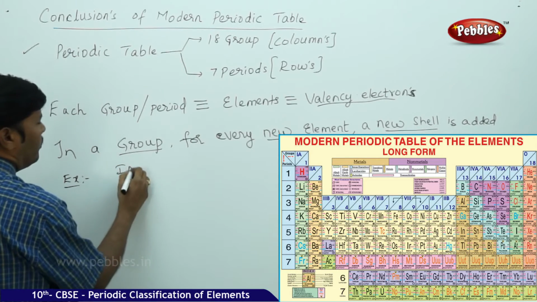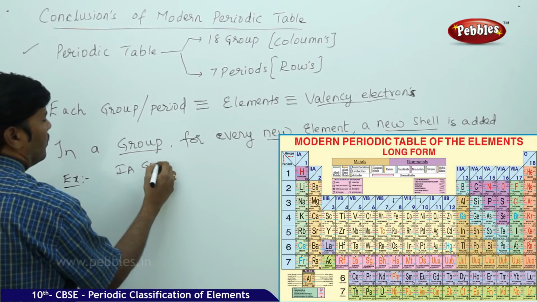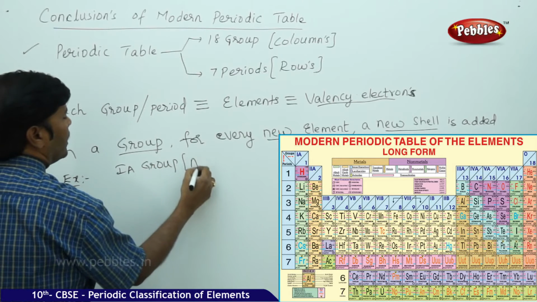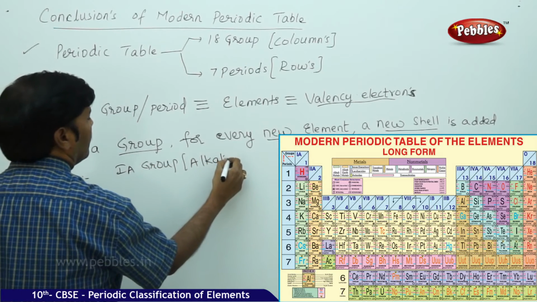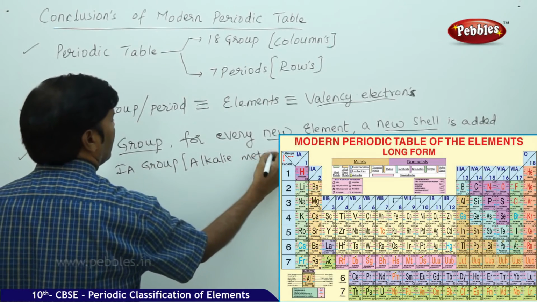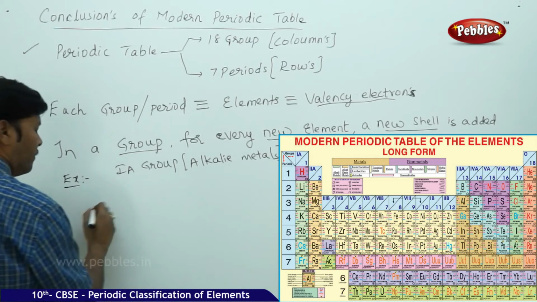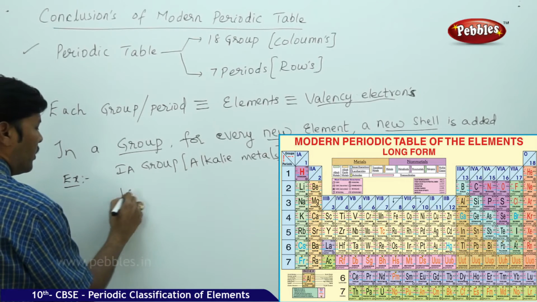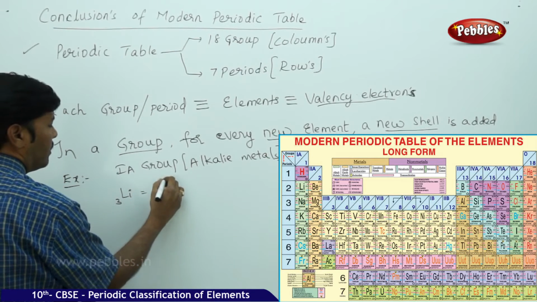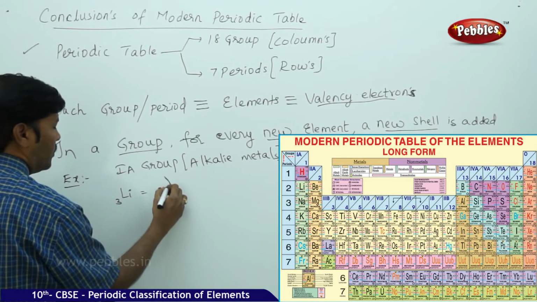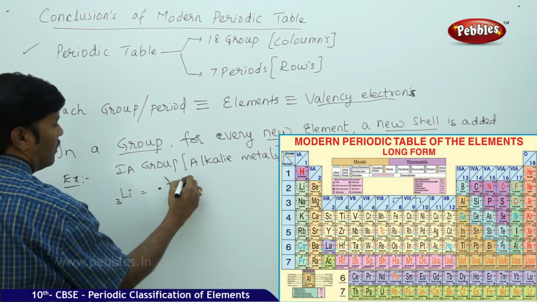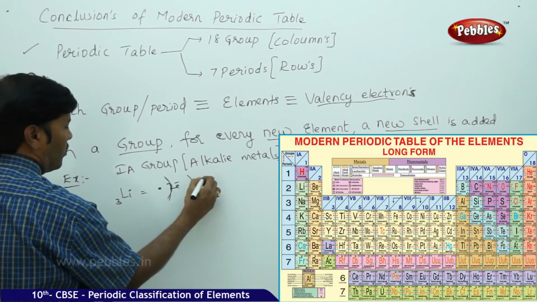I am taking the 1A group, alkali metals. Take lithium, atomic number 3: nucleus, first shell 2 electrons, second shell 1 electron.